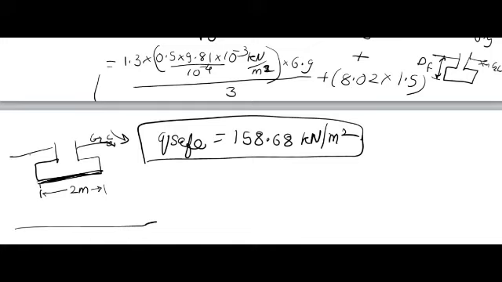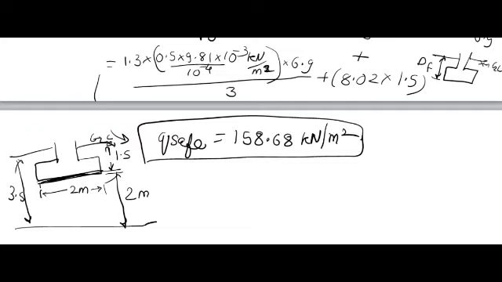From the ground level, the clay soil is at a total depth of 3.5 meters. The depth of foundation is given as 1.5 meters. So the remaining distance is 3.5 minus 1.5, that is 2 meters.